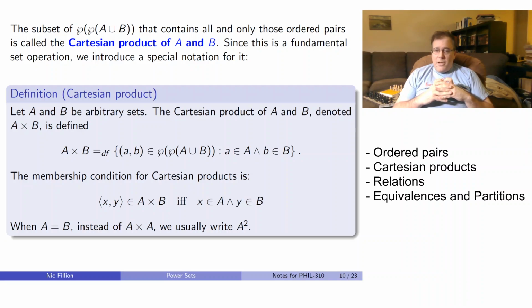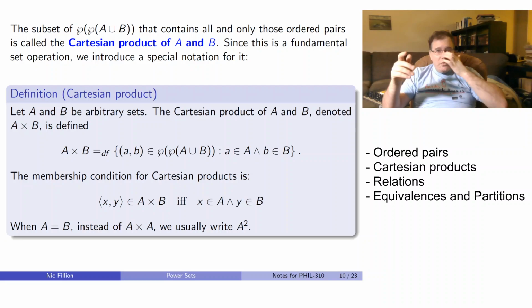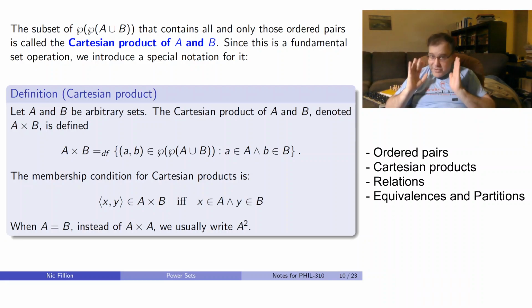And in the geometry that you've learned in school, we have a plane with two axes called a Cartesian plane. When we pick a point there, it's going to have two coordinates that are written either between parentheses or between angle brackets. So that's where this idea of calling it the Cartesian product is coming from. Okay, so here's what the Cartesian product is.